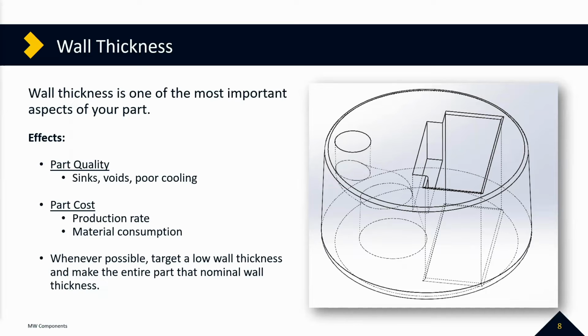And so when the part cools, it has to shrink. Plastic has a much greater rate of shrinkage than metal does. And so when a part is cooling, it's shrinking, and this causes sinks. If the skin of the part cools slower, basically the center of the part is going to shrink in and pull the skin of the part inwards, causing these divots in the part.